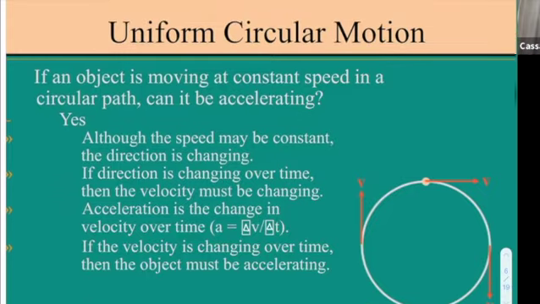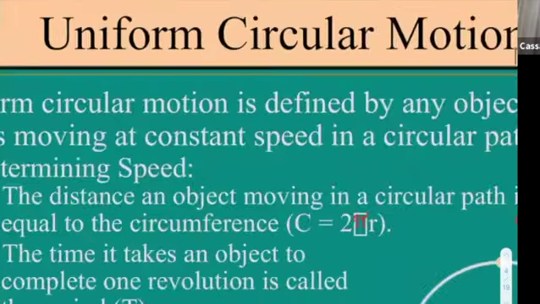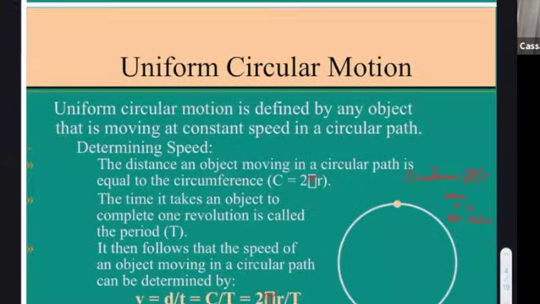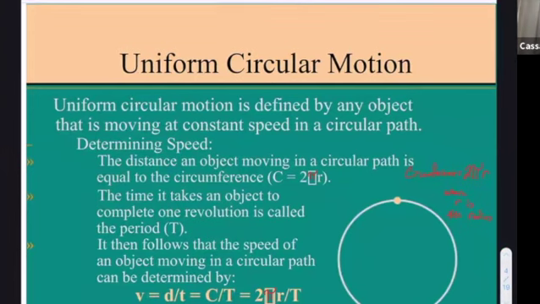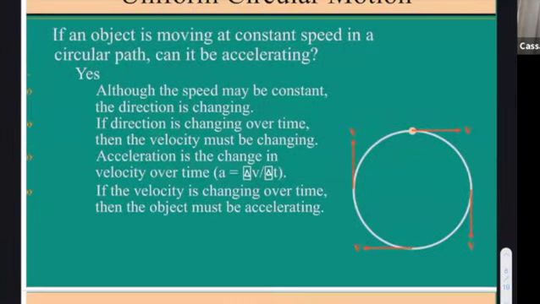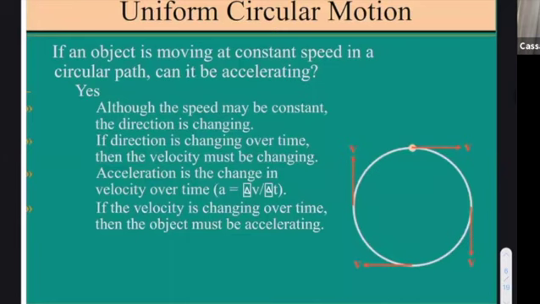But remember, a few slides before, we said it was moving at a constant speed. But remember, that's because speed is a scalar, velocity is a vector. Okay. So if direction is changing over time, then velocity must be changing. So acceleration is the change in velocity over time, delta v over delta t. So if velocity is changing over time, then the object must be accelerating.